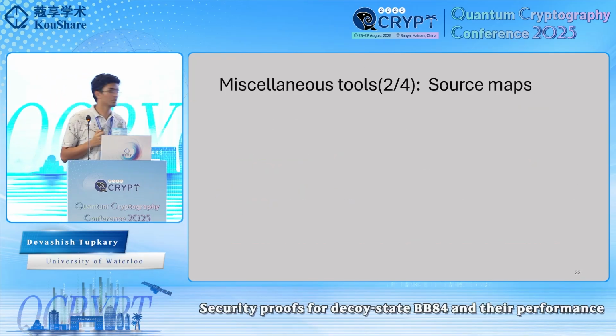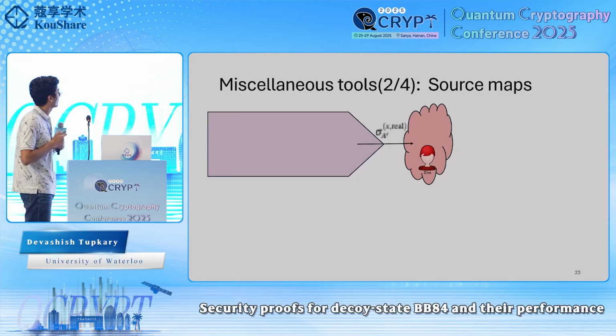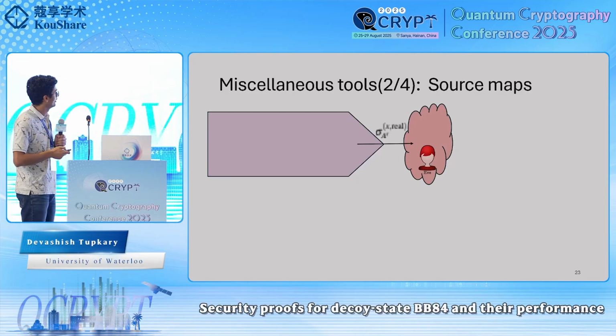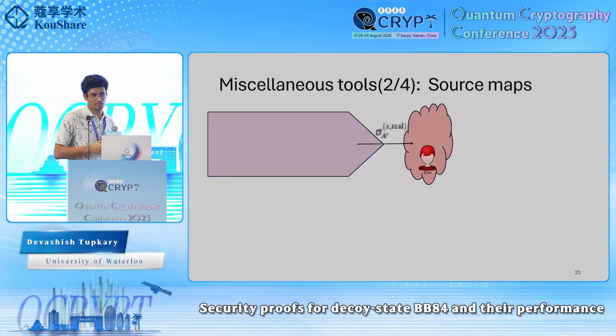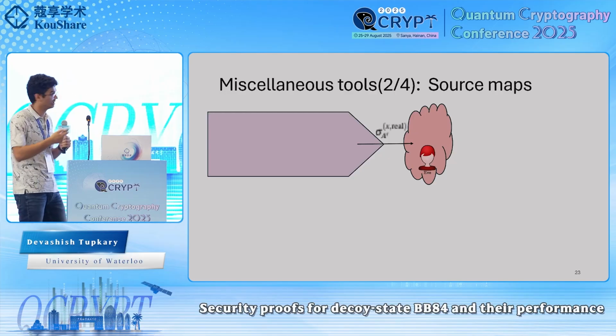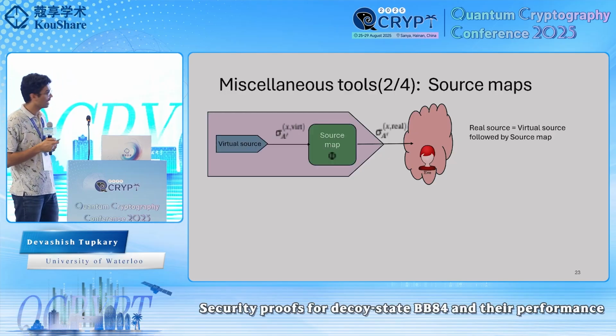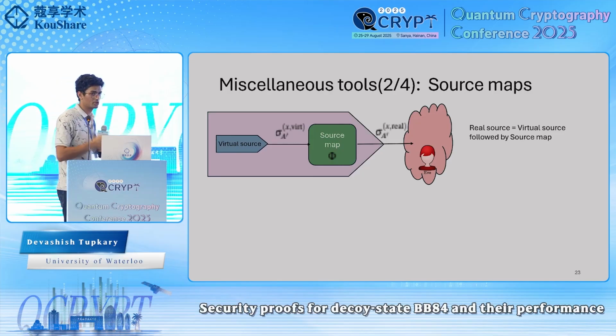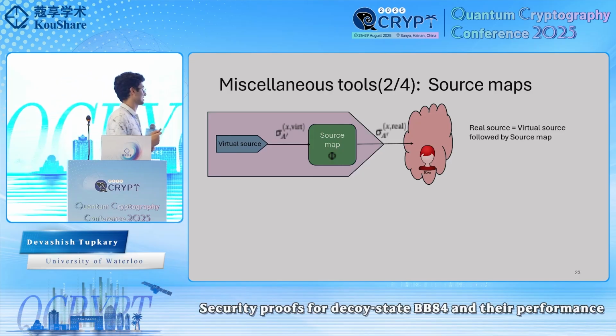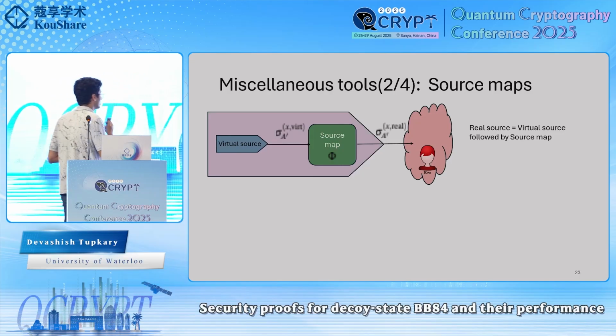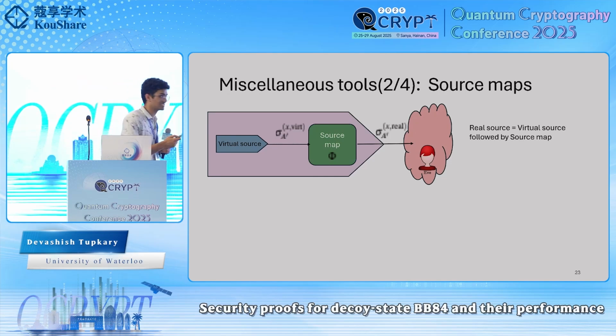Okay, we have source maps, which work as follows. We have a source that outputs some real states in the world that we want to analyze. They get given to Eve, but the real source can be thought of as a virtual source that produces some virtual states, which is then followed by a source map that produces the real output state.